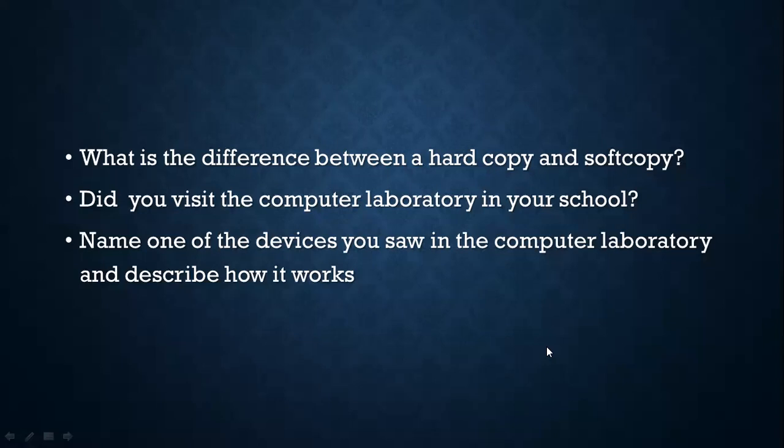Okay. I will repeat. A hard copy is what is printed on the physical medium, like paper, and a soft copy is what is displayed, probably on the computer, like what you're seeing now.